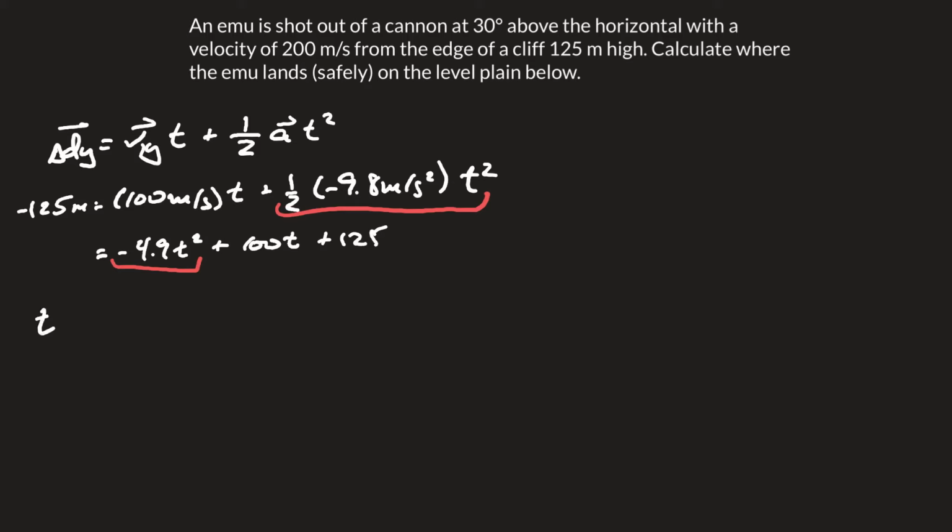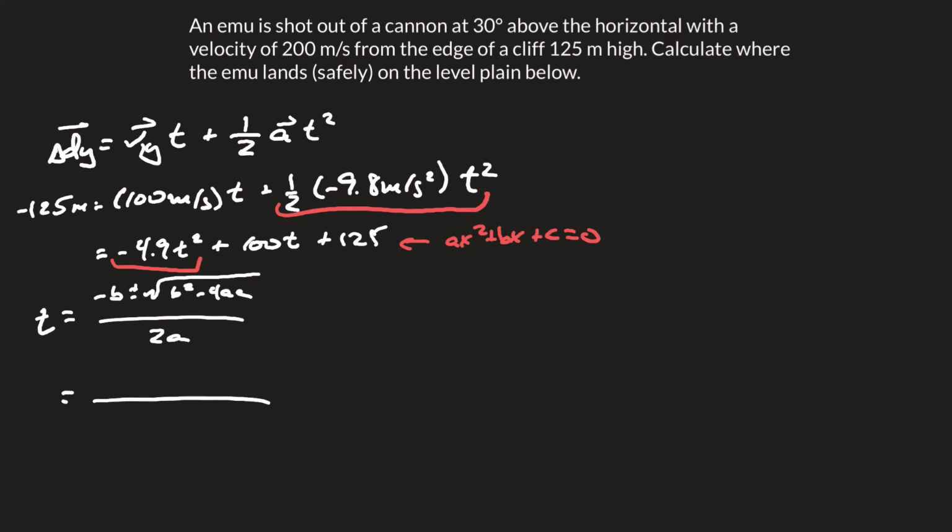So we have t. Now normally your quadratic formula is x equals, but because this time our variable is t, we're going to write t equals. And just a reminder that this is your quadratic formula. That's why it's important that our equation here is in the form ax squared plus bx plus c equals 0, so that we can plug into our quadratic formula successfully.